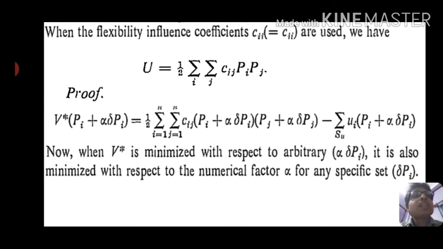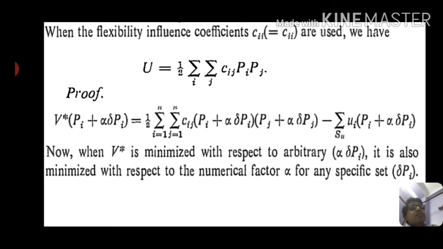But V star in equation 4 is a quadratic function in the variable alpha. It can be exhibited as V star of alpha. The condition for V star of alpha to be minimum at alpha equal to 0 is that its first derivative vanishes at alpha equal to 0.